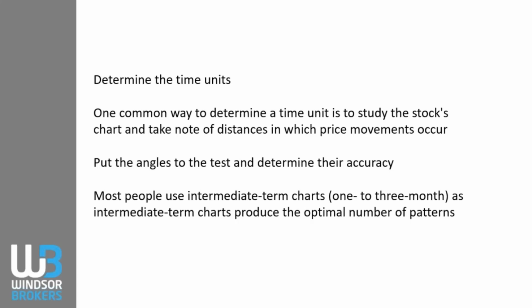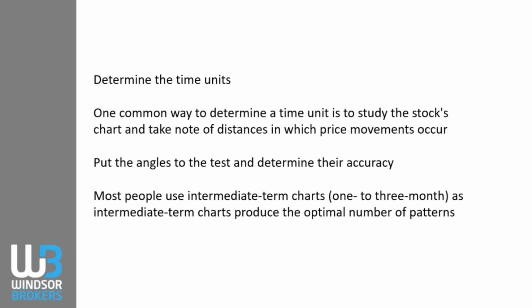So we'll get a picture that will show us the speed of the price increase or decrease according to the given period of time. And the best results could be reached using intermediate term charts and larger time frames, I would say 1 to 3 months, as they produce the optimal number of patterns, and the picture is clearer.